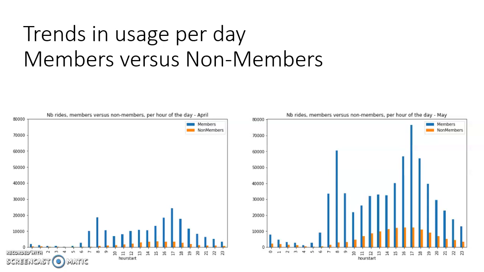A lot of members use the bike system around 8 o'clock in the morning and 4 or 5 p.m. in the afternoon, whereas non-members tend to use the bike system mostly in the afternoon hours.